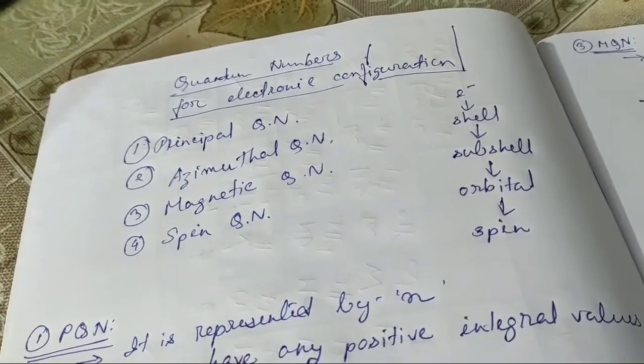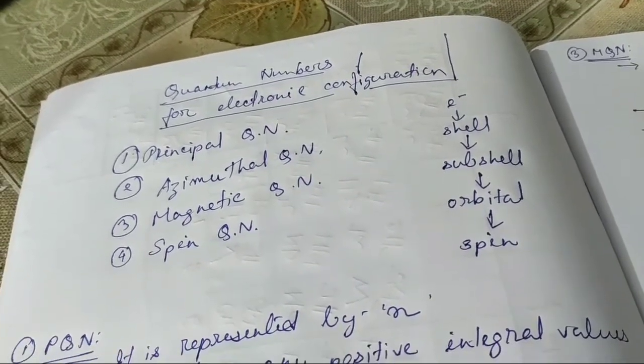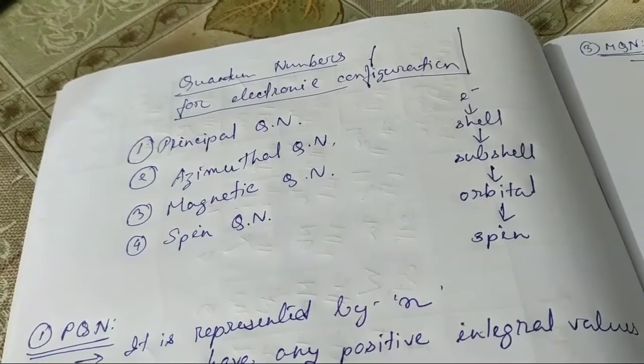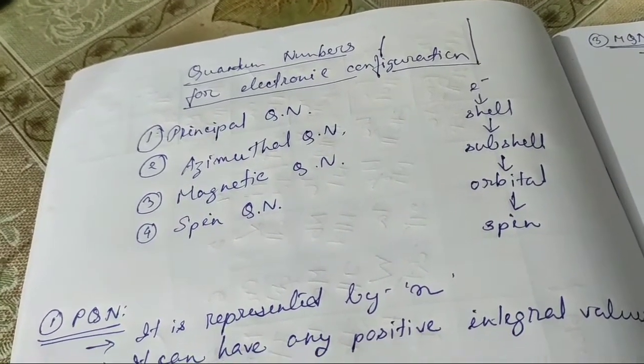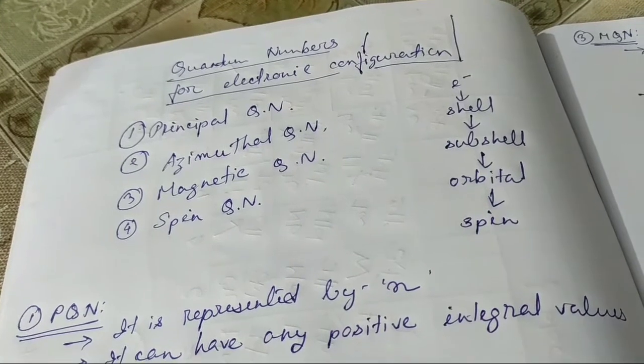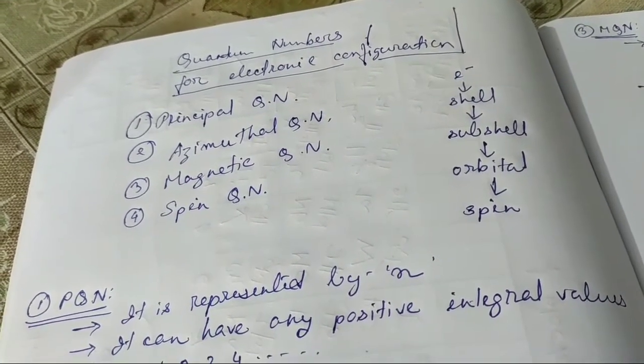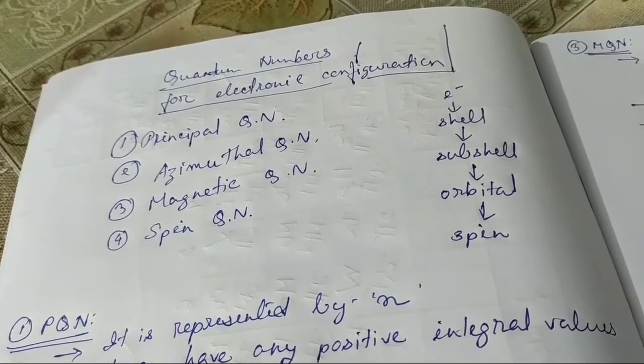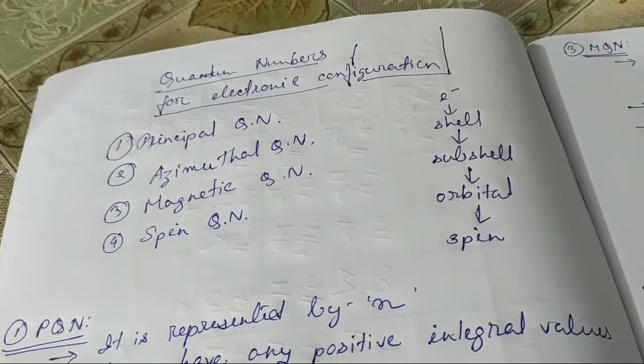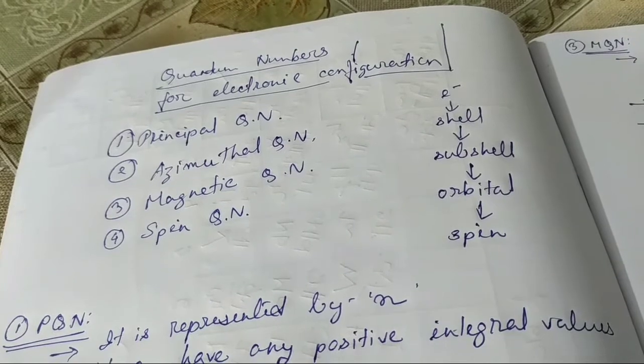Hello friends, today we'll learn how to write the electronic configuration of an element. In your class 10th standard, you have learned to write the electronic configuration of an element like 2, 8, 18.